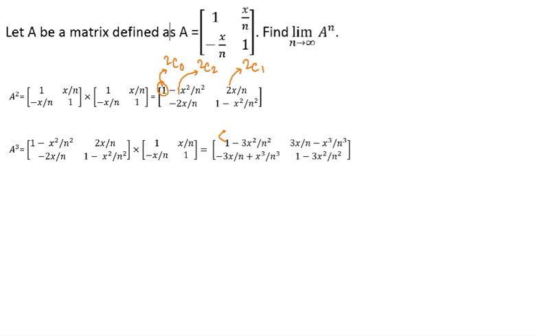Now for A cube, this 1 can be written as 3C0, this 3 can be written as 3C2, this 3 can be written as 3C1, and here the coefficient can be written as 3C3. So we can see that the pattern is quite tricky.